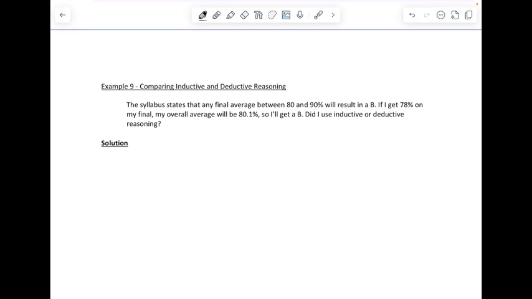So we're talking here about a specific person's grade, but the conclusion that he'll get a B is based on a general rule, right? The rule is that all scores in the 80s earn a B. So this is an example of deductive reasoning, right? We concluded that your final grade will be a B because your overall average is 80%, and that's consistent with a general rule.